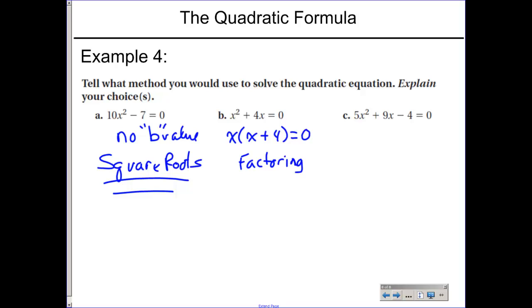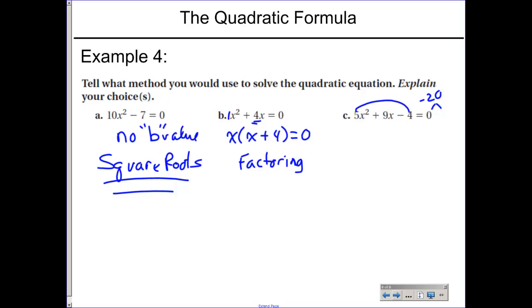Some people might want to make the justification that you can do completing the square because the leading coefficient is a 1 and the second one is a 4. Yeah, you can go ahead and complete the square there, but it'll take you a few more seconds to solve than just simple factoring. Letter C here, if I were to do an a times c, so I'd get a negative 20. So if I were to try to list the factors of negative 20 that make positive 9, I don't think I can do that.